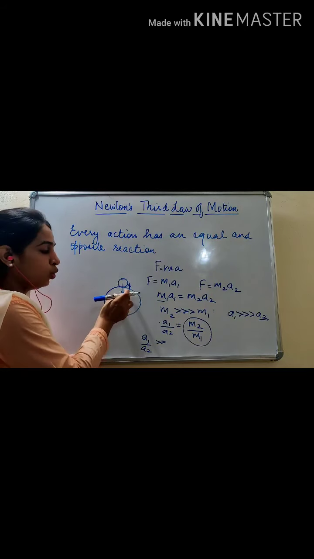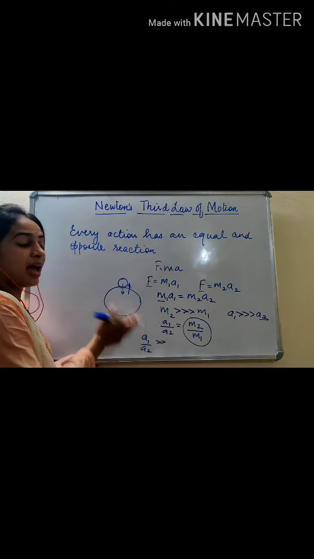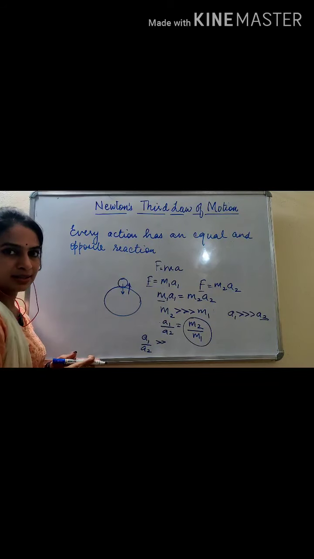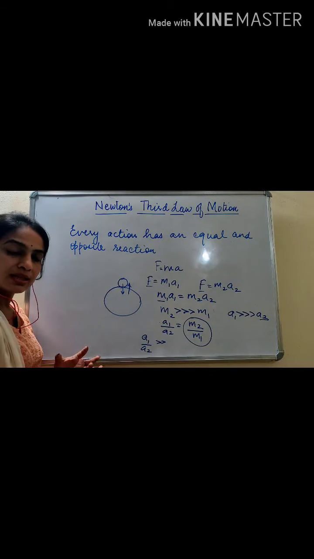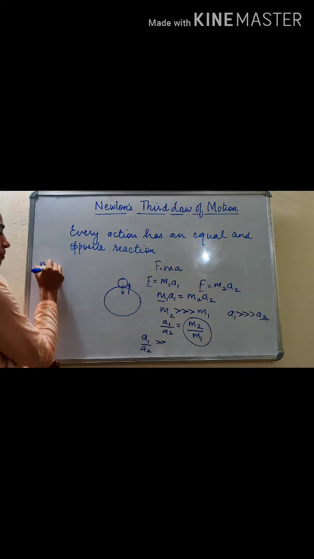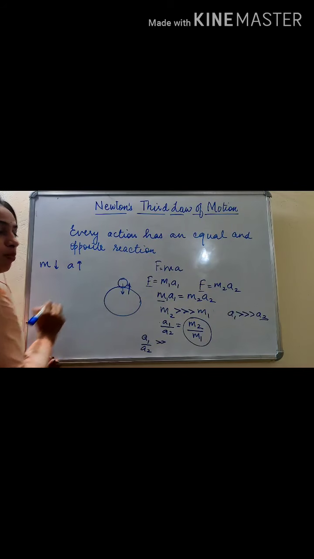That's why though the forces are equal in magnitude, their accelerations are opposite to their masses. Lesser the mass, more the acceleration. Remember this. If mass is less, acceleration is more.